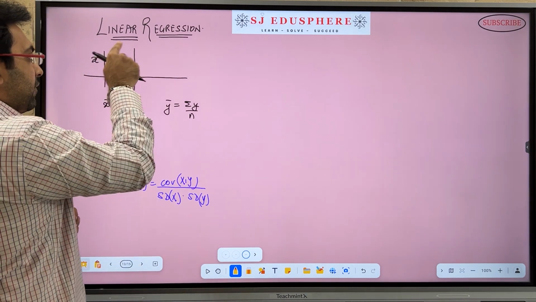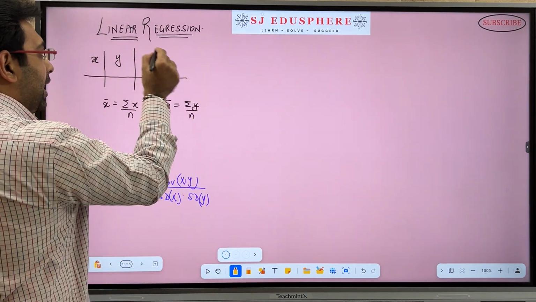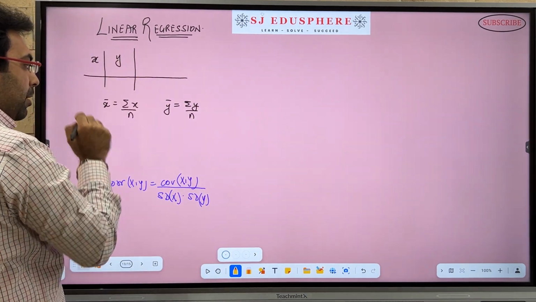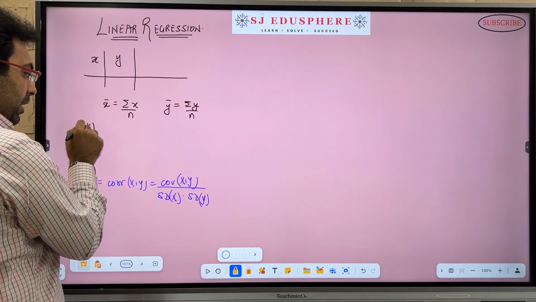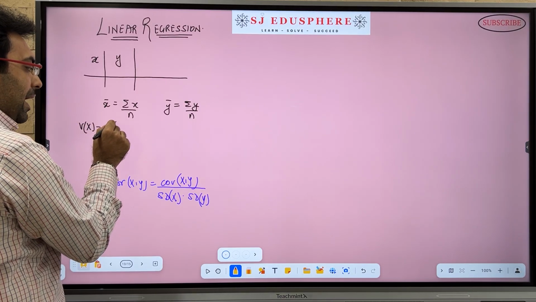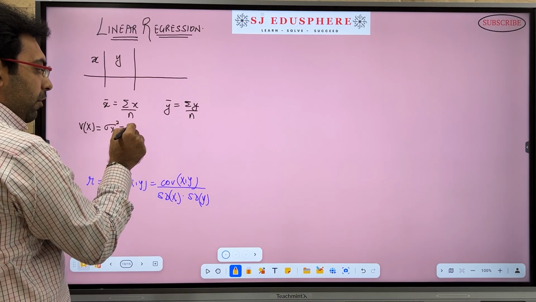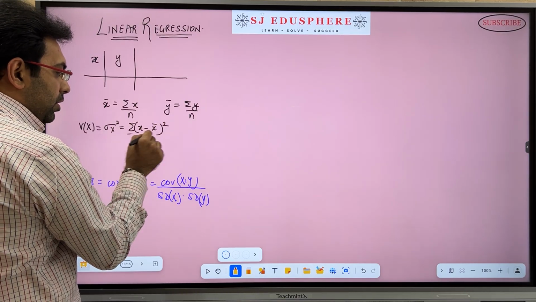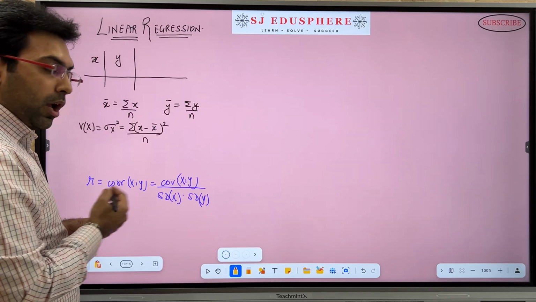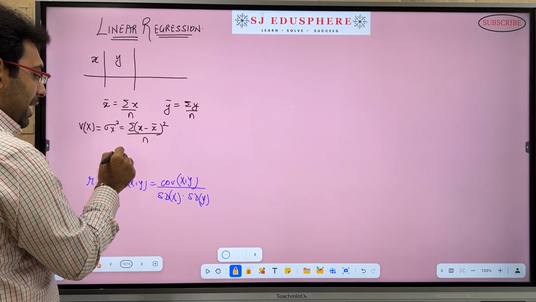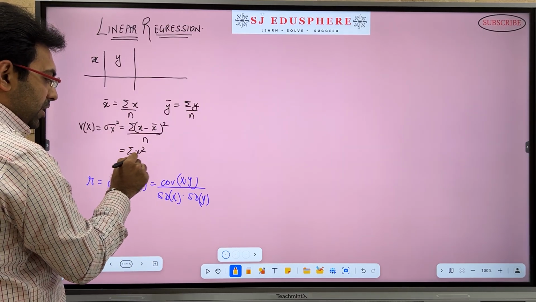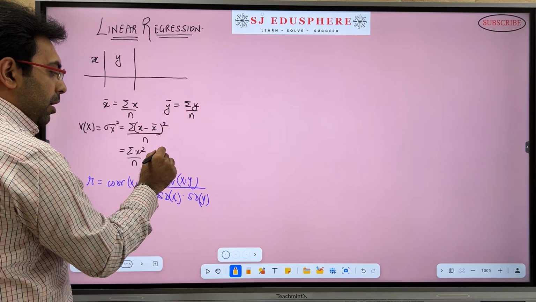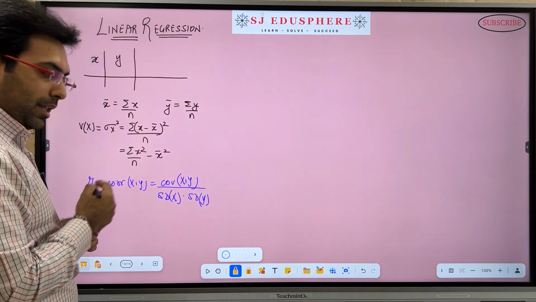So the variance of x is denoted as sigma x square, formula summation x minus x bar the whole square upon n, which can also be written as summation x square over n minus x bar square.